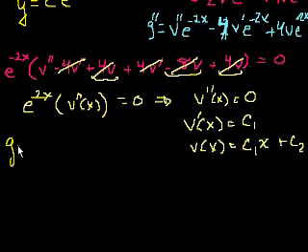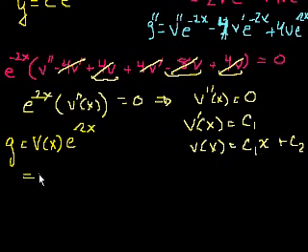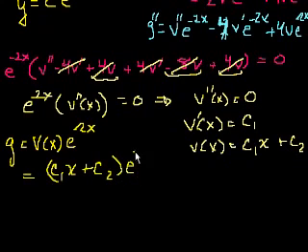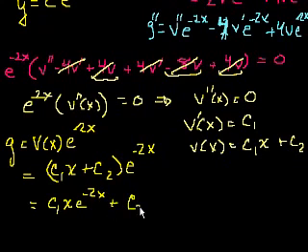G, which we can call our solution, is equal to v of x times e to the minus 2x. Well, that equals c1x plus c2, times e to the minus 2x, which equals c1x e to the minus 2x plus c2 e to the minus 2x. And now we have a truly general solution.